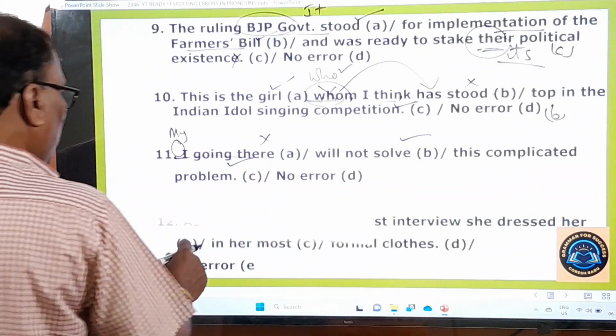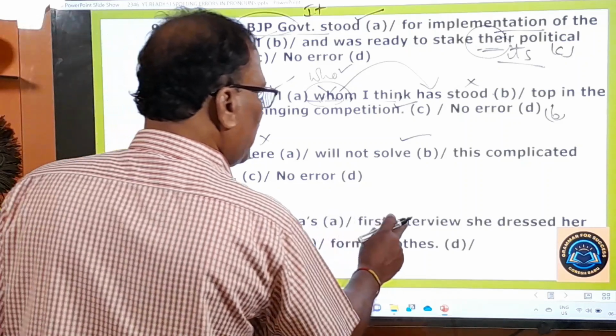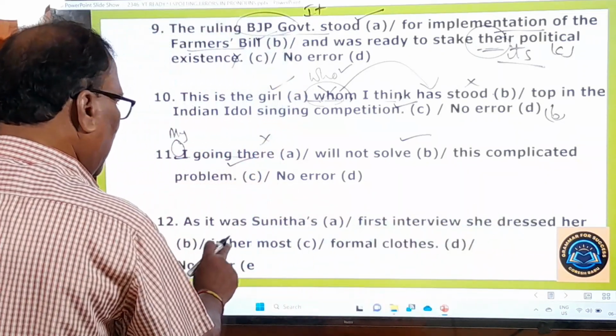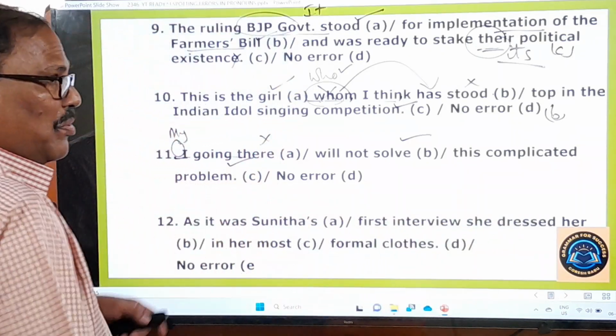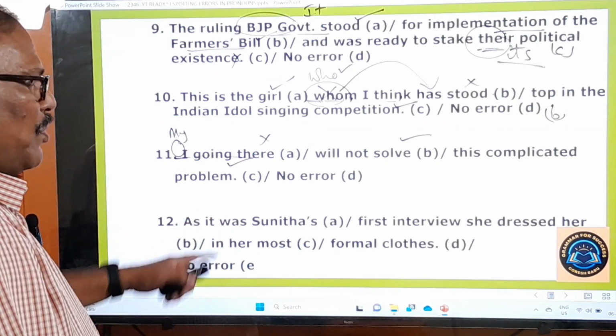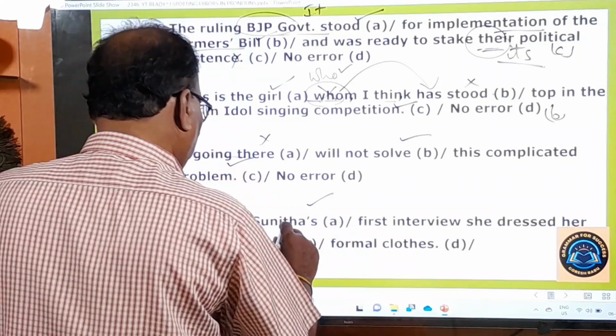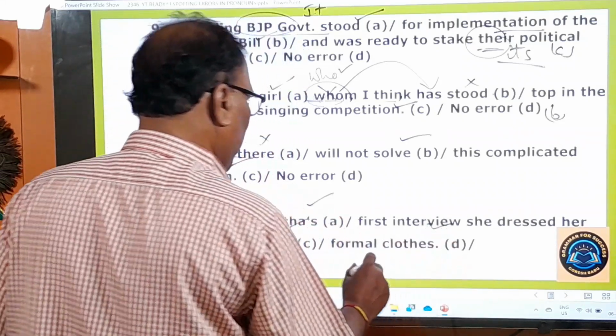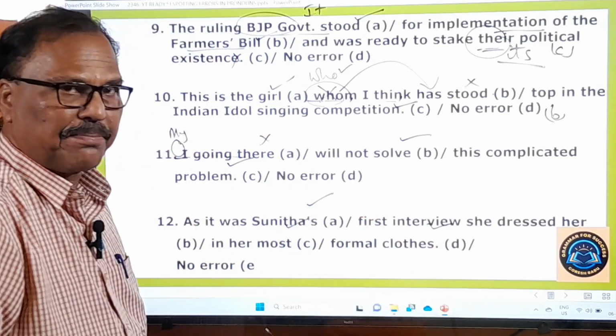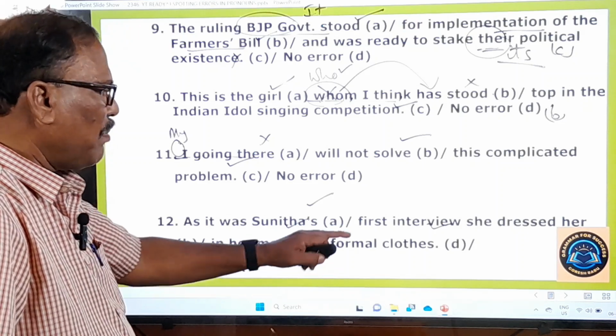Go to the next one. As it was Sunita's first interview, she dressed her in her most formal clothes. So here again, if you observe this sentence, you find that the A part is absolutely all right, the C part is absolutely all right, the D part is also okay, but in the B part there is a mistake: "in her most formal clothes".